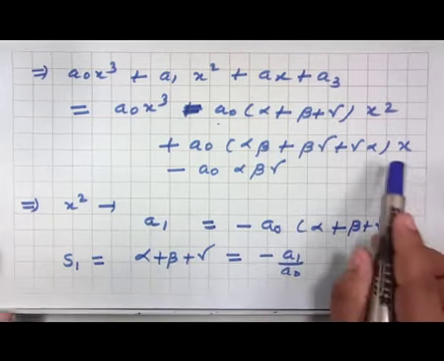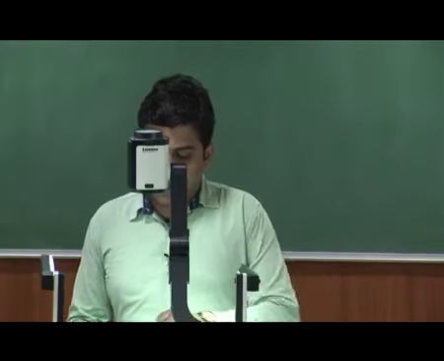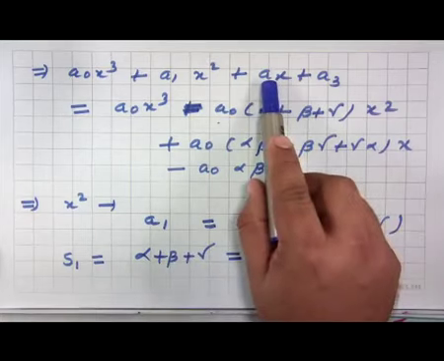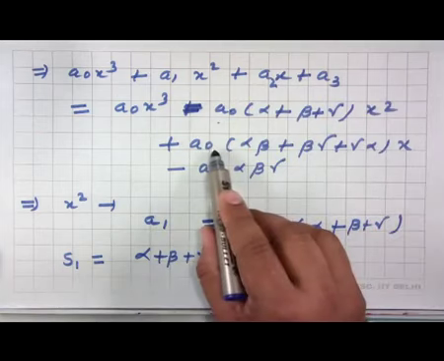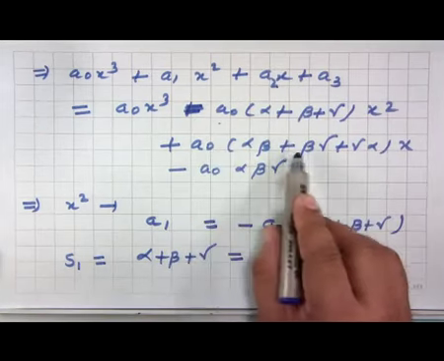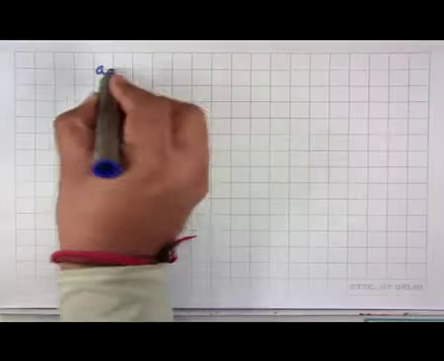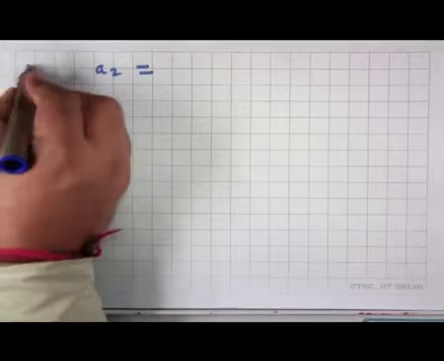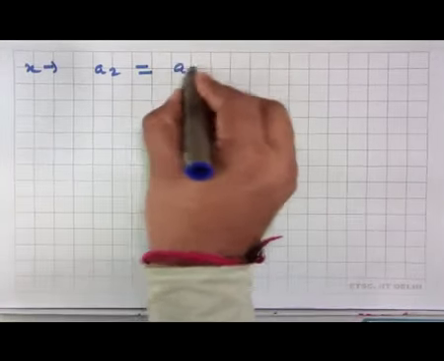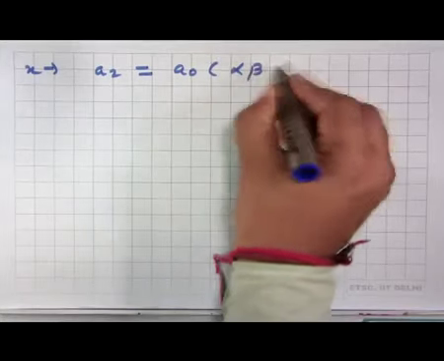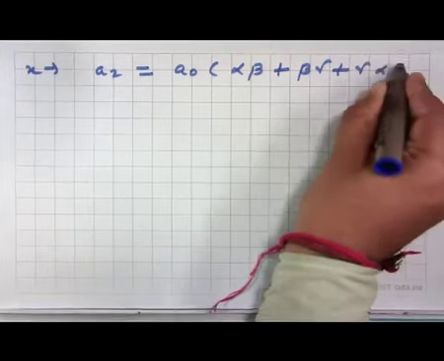Now compare the coefficient of x in LHS and RHS. In LHS it is a2, and in RHS it is a0 (alpha beta + beta gamma + gamma alpha). So a2 equals a0 (alpha beta + beta gamma + gamma alpha).